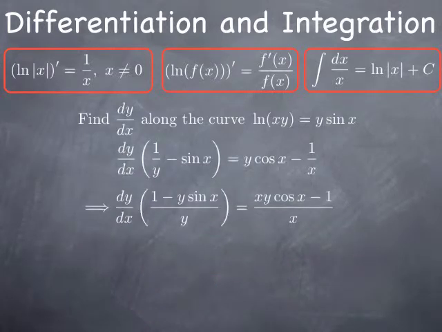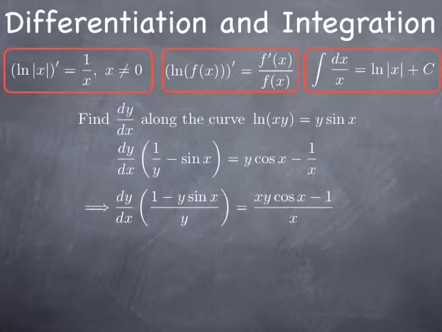Now, in order to divide both sides by the factor in front of dy over dx, I'm going to first write them as one fraction. In other words, I want to write the sine x as something over y. So I will have to write that as 1 minus y multiplied by sine x, all of this divided by y. And I'll proceed similarly on the right-hand side.